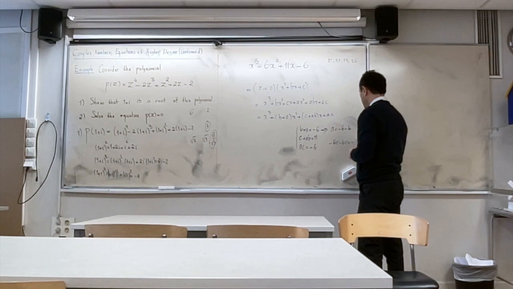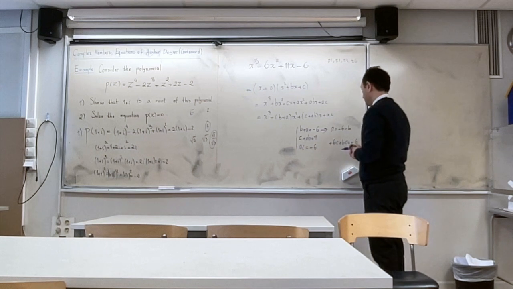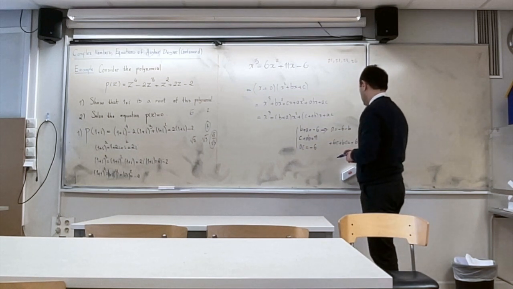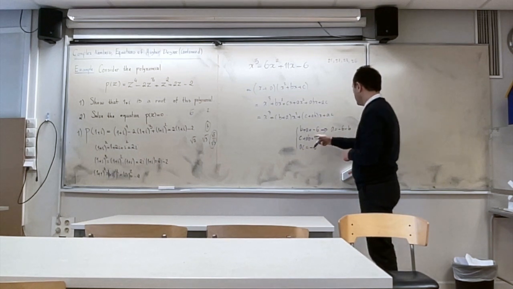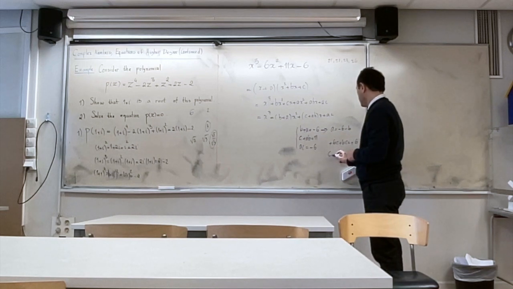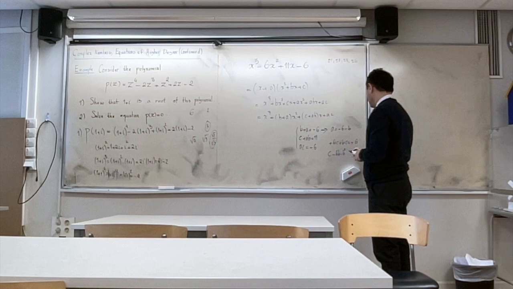It becomes minus 6, so I change these signs. No, it doesn't. And then what happens? Then I have to put this one there, so that becomes C. And then I multiply it by B, so it becomes minus 6B plus B squared is equal to 11.